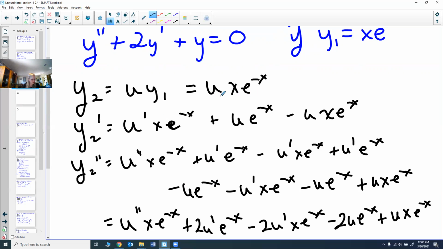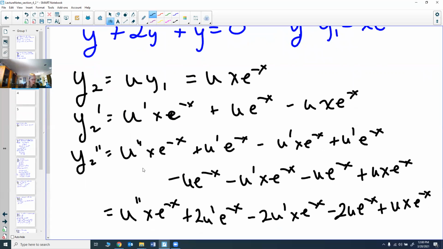I know I have an error because things should have canceled out for us. So let me make sure I didn't get anything else that should have gone away. Okay, the first derivative is correct. It's the second derivative. Something went wrong. So let's just check to see what that would be.